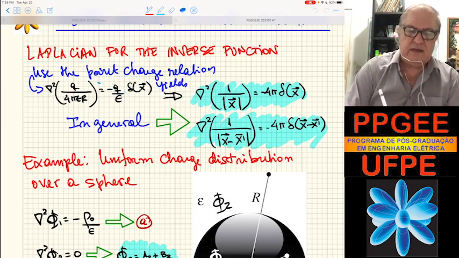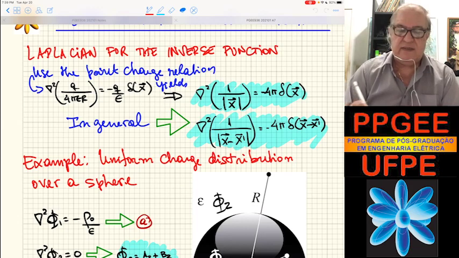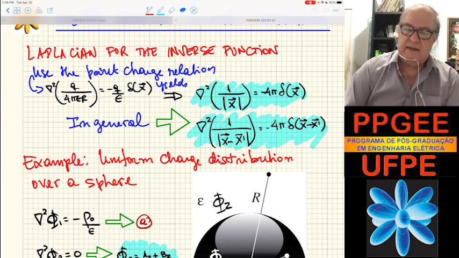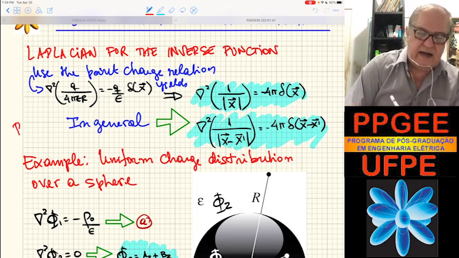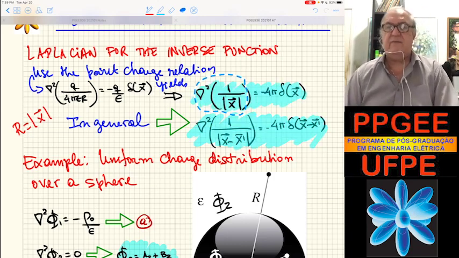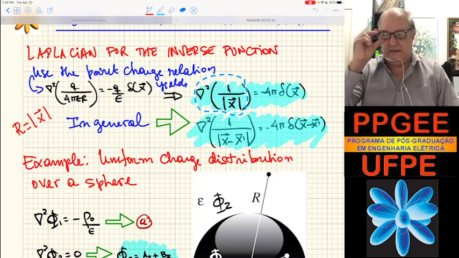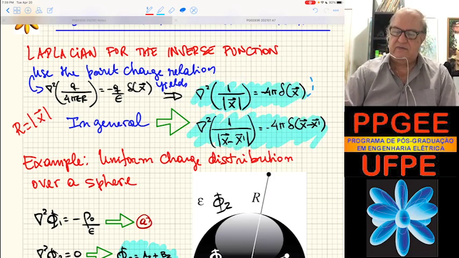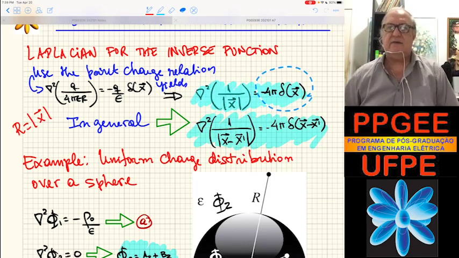If we equate those two quantities, we have the final result. Notice that r equals the magnitude of the position vector. So the Laplacian of 1 over the magnitude of x equals minus 4 pi delta of x.